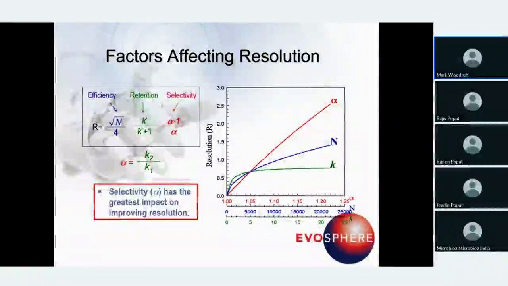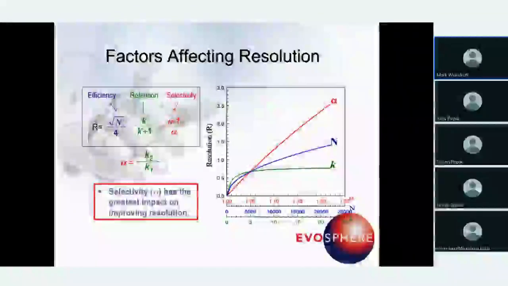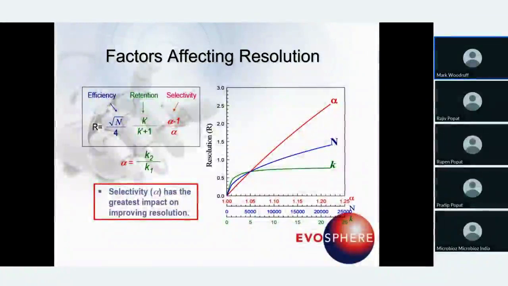The second part to the equation is efficiency. And you can see the blue line for the efficiency curve. This increases as we lower the particle size. And you've been doing this for many years. We moved 20 years ago from 10 micron particles down to 5 micron particles.